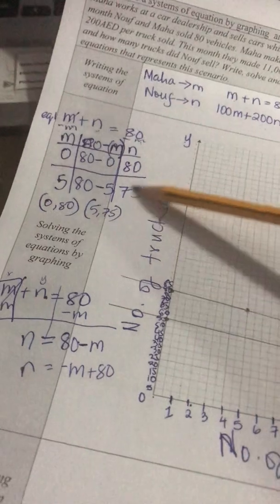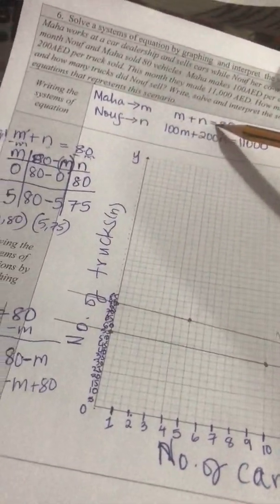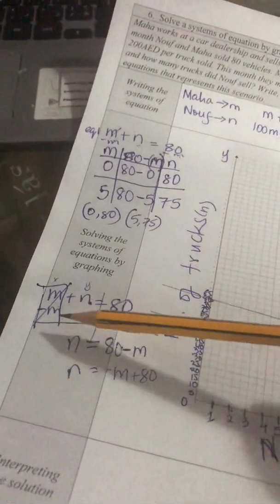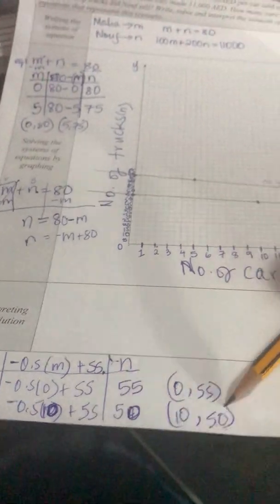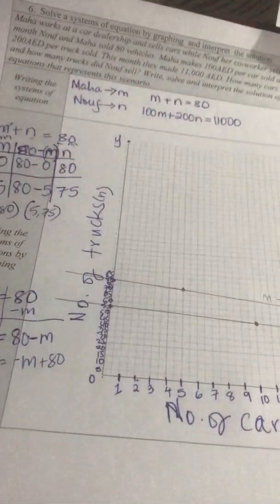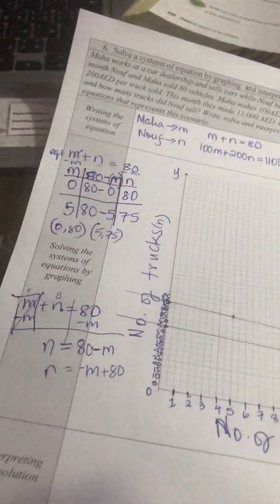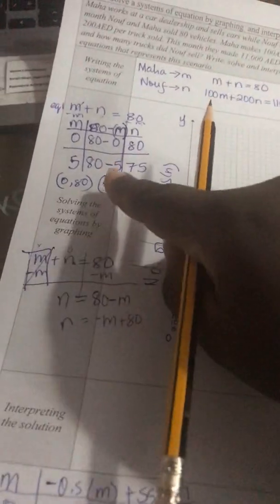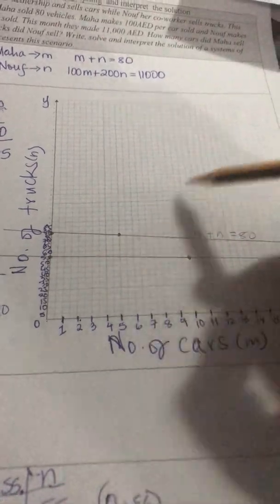So I have labeled my variables, and these are my equations. I have tabled each equation. Each equation has to be in a table by its own. So you have to change all your equations to slope-intercept form, and then make the table, and then get 2 points and plot the points on your graph.